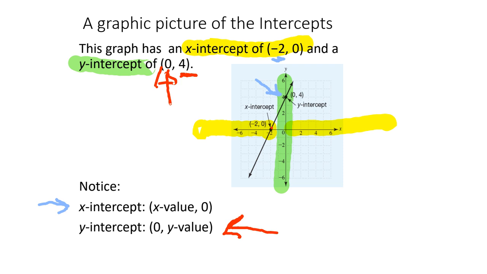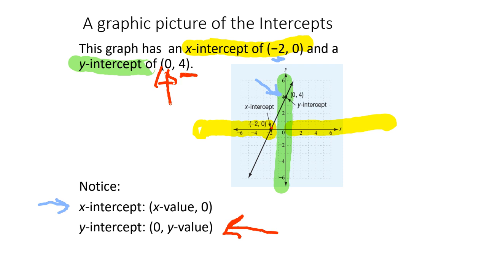Now, with that said, the key part about it is, why do I need 2 points? Well, 2 points make a line.